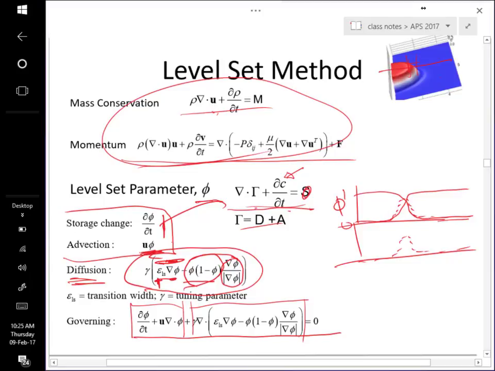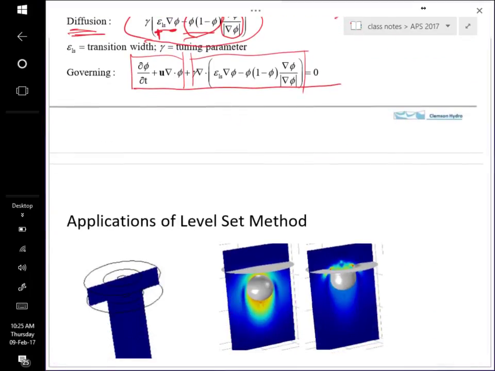We'll apply the surface tension at the interface, and the way it's implemented in this case is that surface tension is applied as a body force over a relatively narrow band right at the interface. Okay, so that's the level set method.